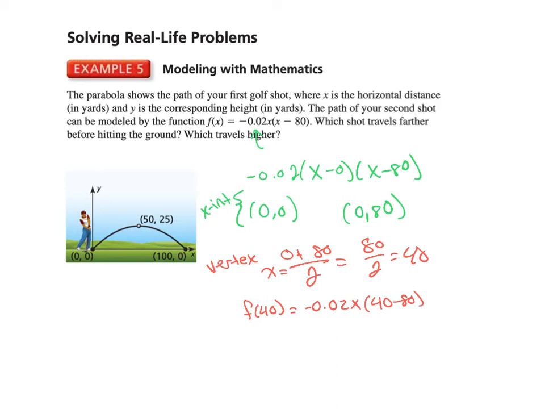I didn't quite plug that in correctly. This needs to be 40. We plug it into our calculator and find the solution, and this gives us 32. So our vertex is (40, 32).